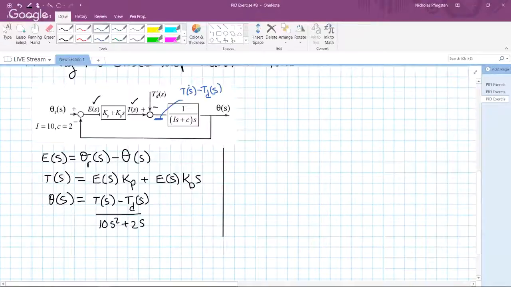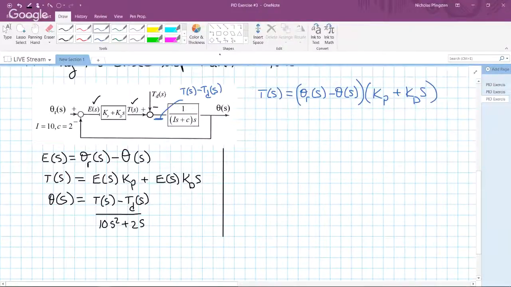So T of s is going to equal theta r of s minus theta of s. And here we have Kp plus K sub d of s. There's that.